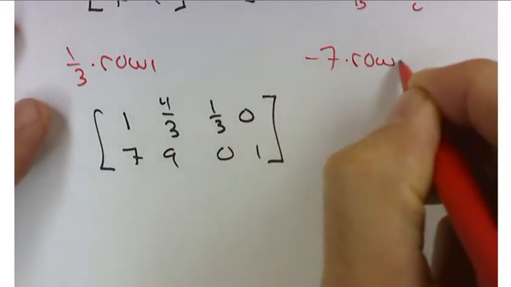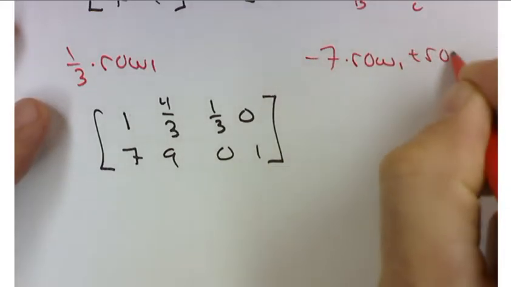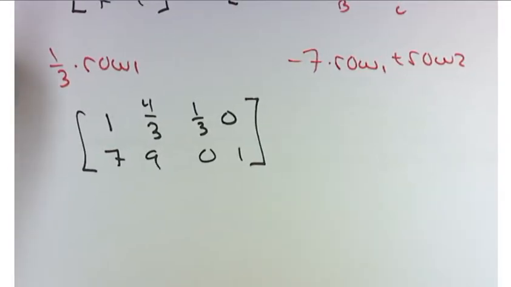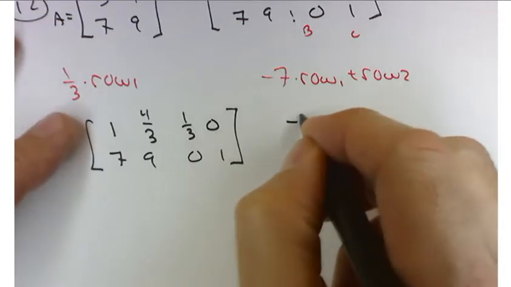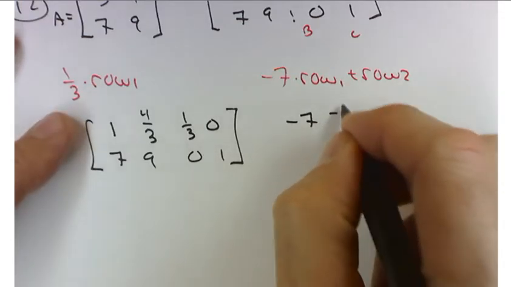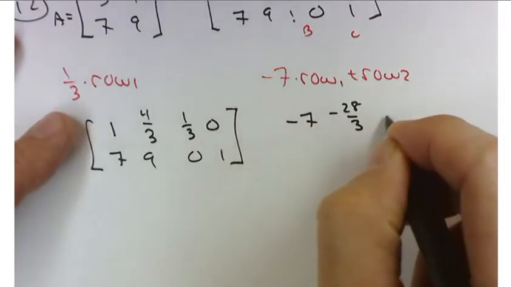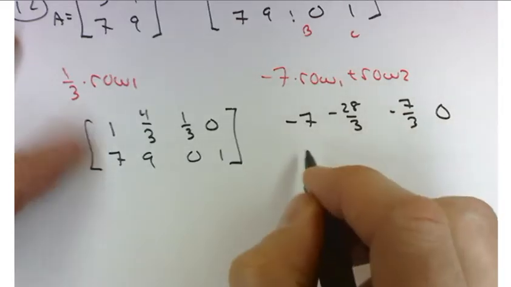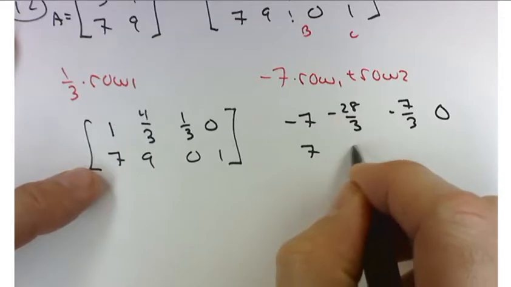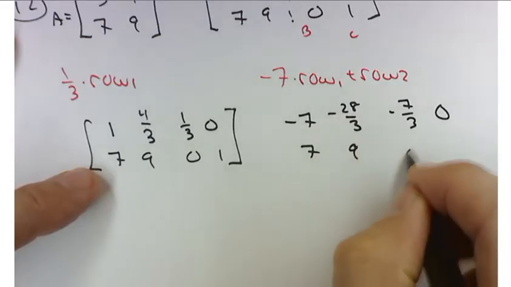Negative 7 times row 1 plus row 2. So let's write that out because it's looking a little bit ugly. That's going to be negative 7 and then negative 28/3, negative 7/3, and 0. And I'm going to add that to 7, 9, 0, and 1.